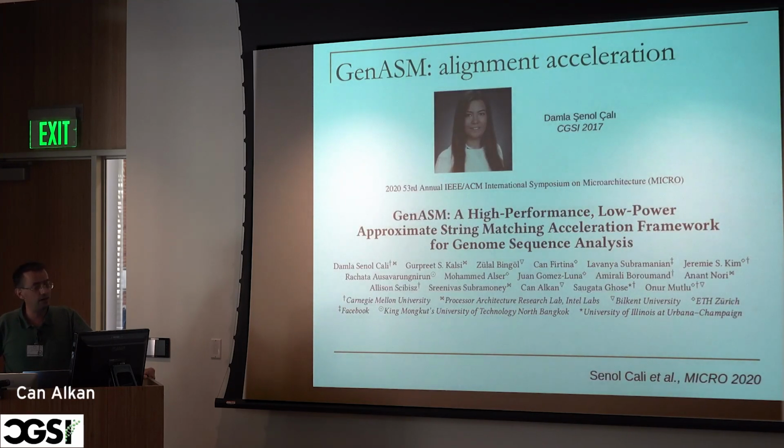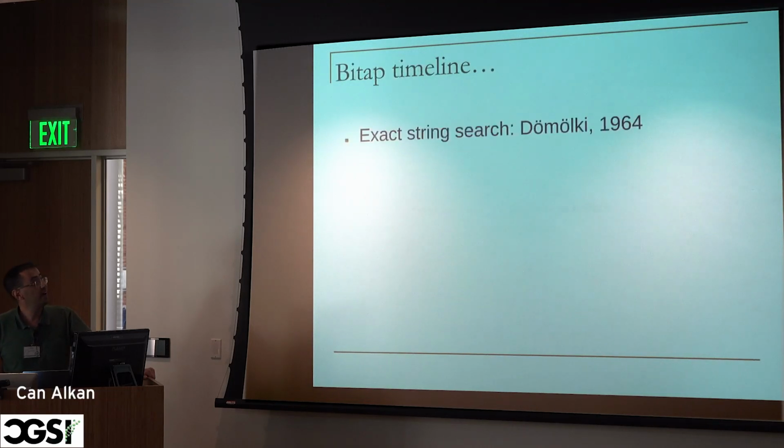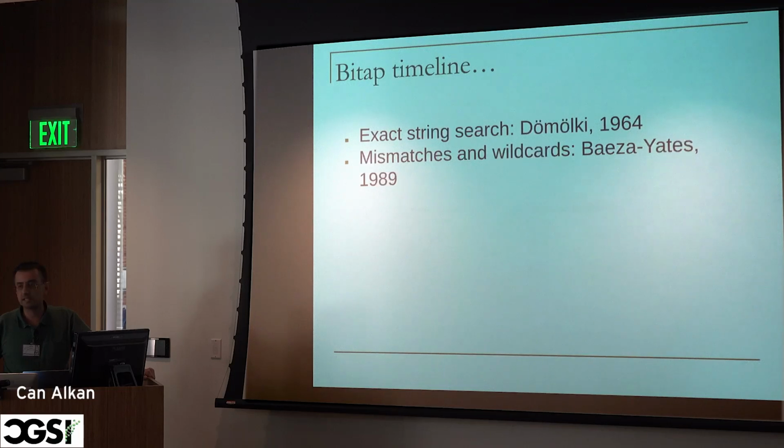Just very, very quickly, Damla also developed another algorithm called GenASM. This is not specifically processing in memory technology, but again, a PIM-friendly algorithm, which extends the Bitap algorithm. For those that are not familiar with Bitap, it's also called the shift-and method. It was developed for exact search in 1964, and then extended to use mismatches and wildcards in 1989.